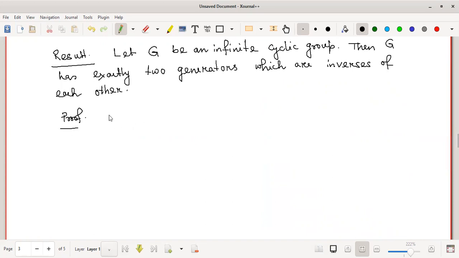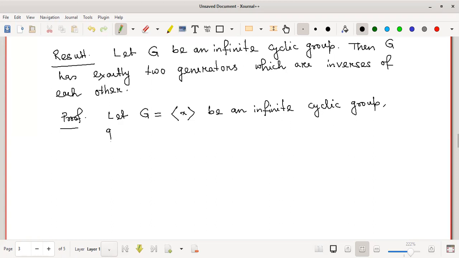Let G, generated by some element x, be an infinite cyclic group generated by x.